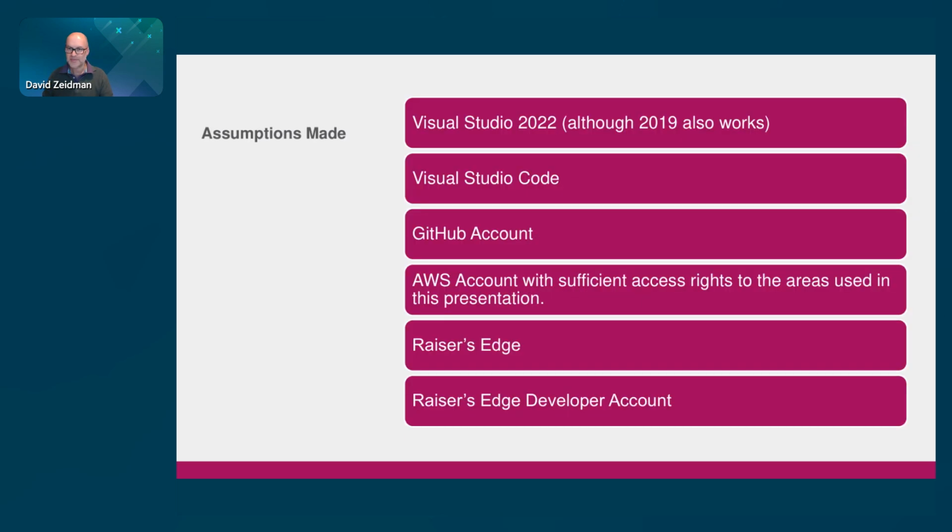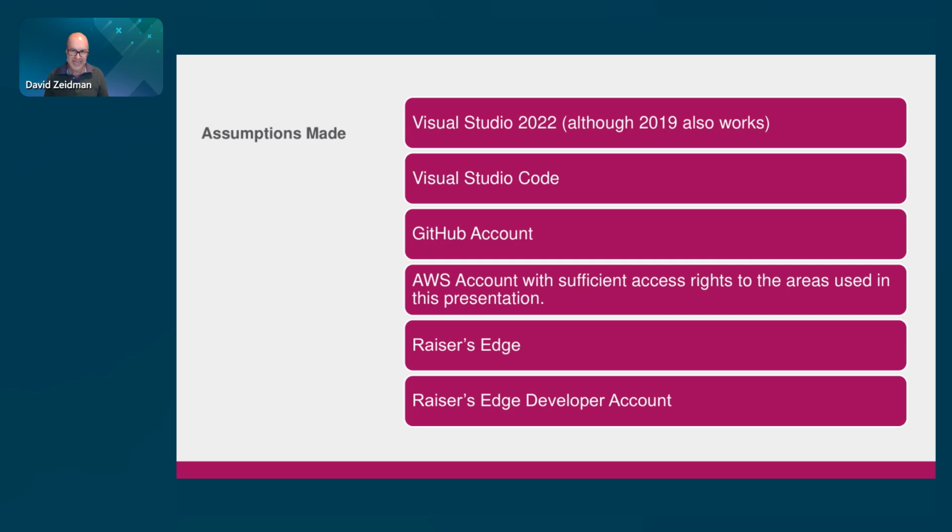So what are the assumptions we make about what you need and what you're going to be using? Well, as I said, I'm using Visual Studio 2022, although I think 2019 would work fine, as I'm sure a later version would also, if that comes out by the time you go through this yourself. Again, I'm using Visual Studio Code. You can use either or both. We have a GitHub account.